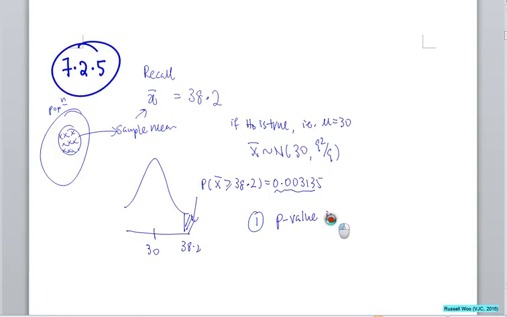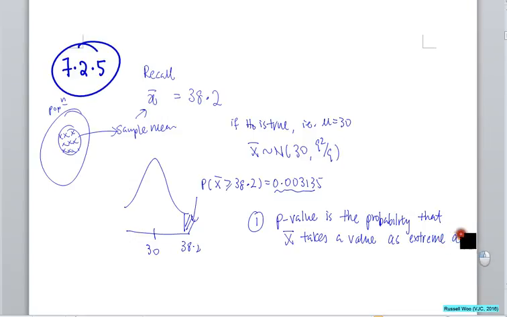It is actually the probability that x bar takes a value as extreme as the observed value in the test.